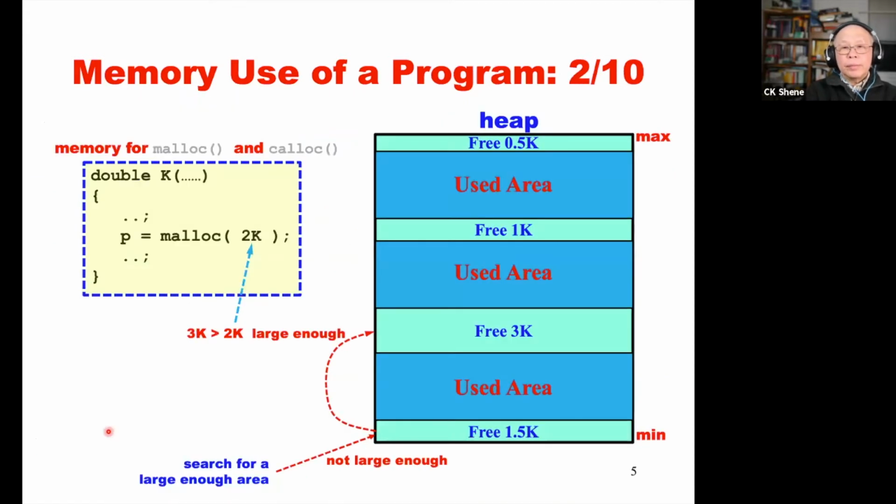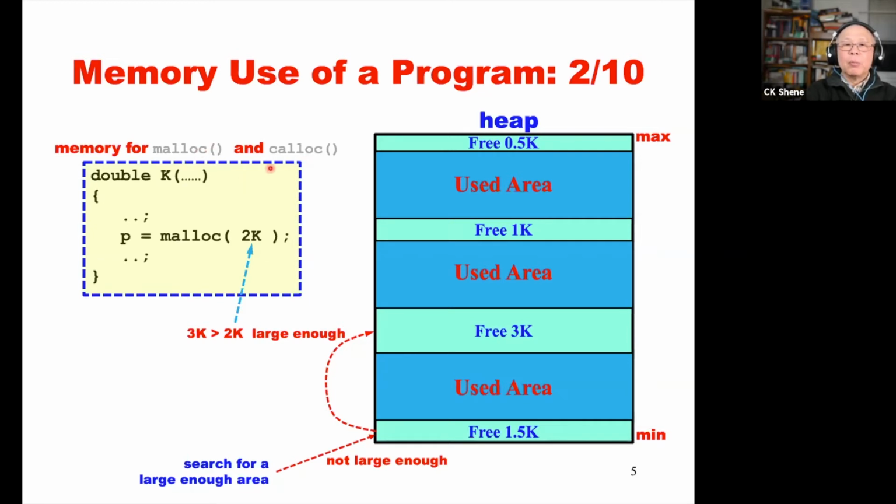But in C, we have something more. I am sure in your first C programming practice, you know how to allocate extra space by the use of these two functions, malloc or calloc.